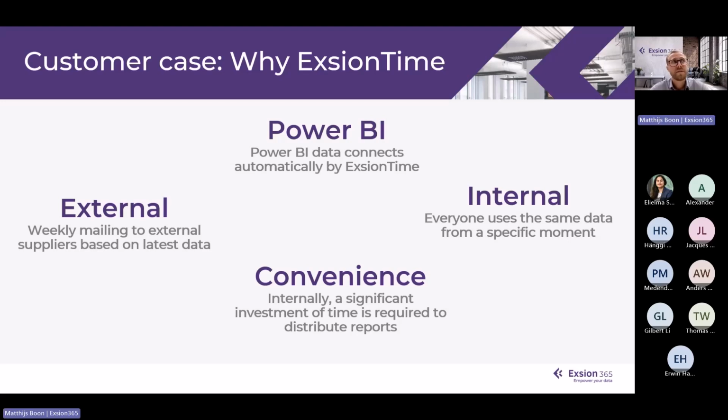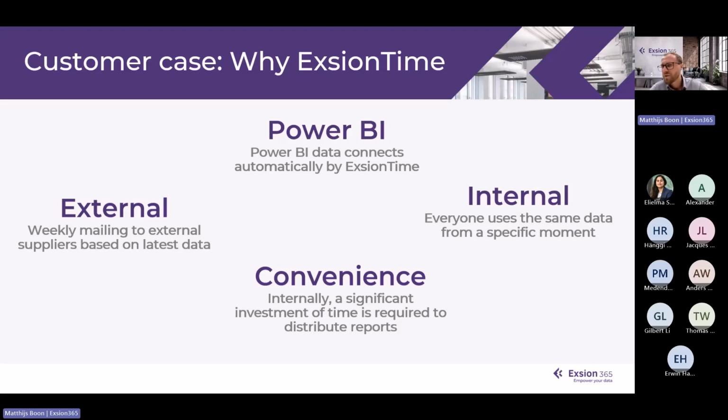We've seen a customer that does a weekly reporting outwards to their suppliers based on the latest data of their system. What we also see it used in is Power BI. A lot of people say, isn't Action a competitor with Power BI? Well, we say definitely no. Actually, we work together very well.